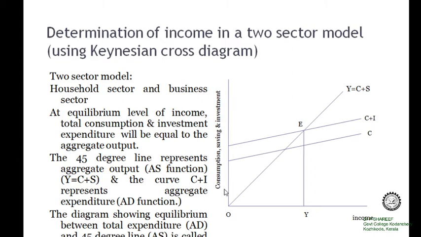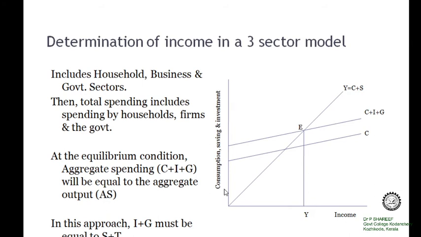Now, we can extend the two-sector model into a three-sector economy model. In this model, the three sectors are the household sector, business sector, and government sector. Therefore, at the equilibrium position, aggregate spending, which consists of consumption expenditure, investment expenditure, and government spending, equals the aggregate output, that is Y = C + I + G is the equilibrium condition.